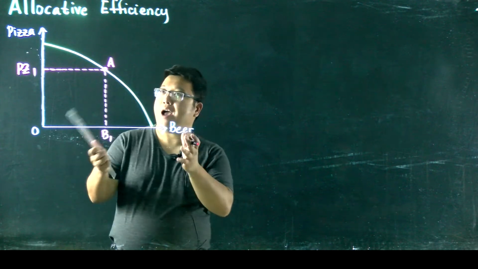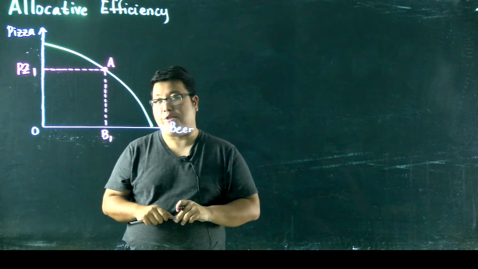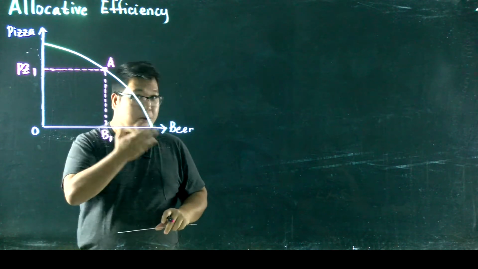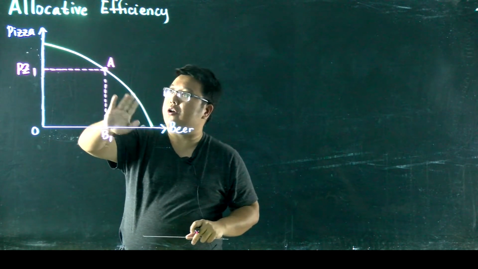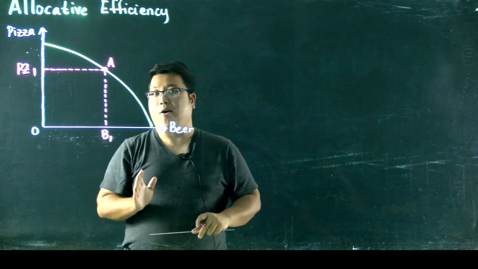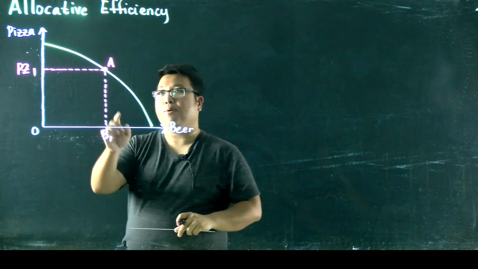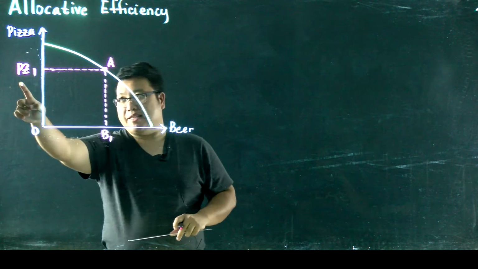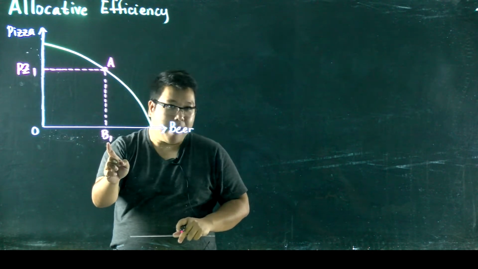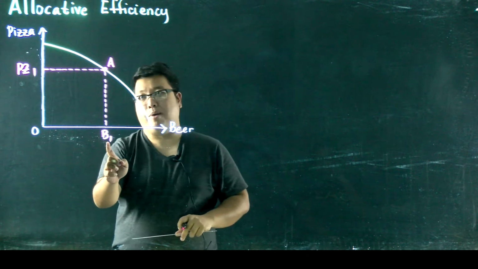All right, so now we have here our production possibilities frontier, or production possibilities curve. This curve gives us the combinations of pizza and beer that this economy can produce. So let's say point A gives us PZ1 amount of pizzas and B1 amount of beers that this economy can produce.